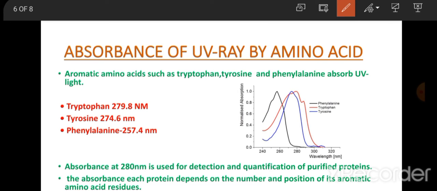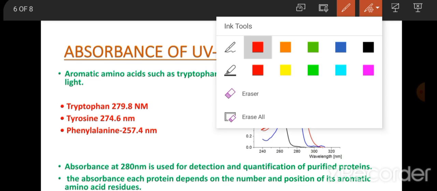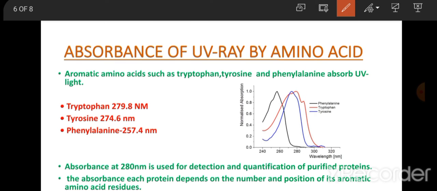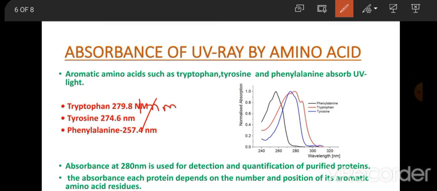Here this graph represents aromatic amino acids: the red one is tryptophan, the blue one is tyrosine, and the black one is phenylalanine. Tryptophan is highly used for measurement, where polarized light passes through the sample, at 279.8 nanometer.